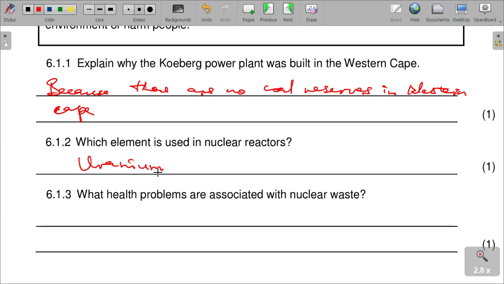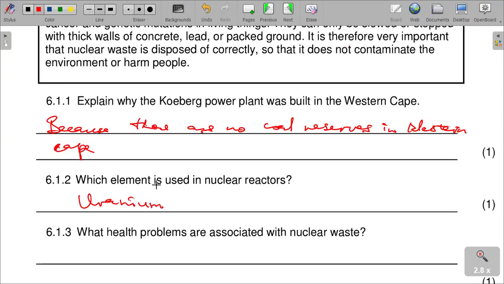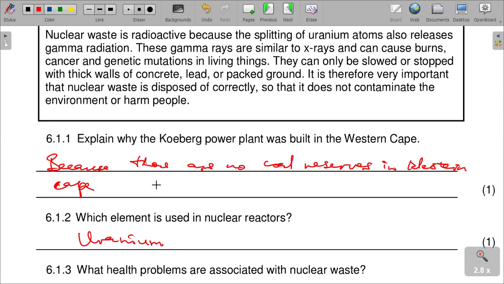And then, what health problems are associated with nuclear waste? There are quite a lot of them we can talk about. They are mentioned. They can release gamma radiation that is similar to X-rays and can cause burns, cancer, genetic mutations.